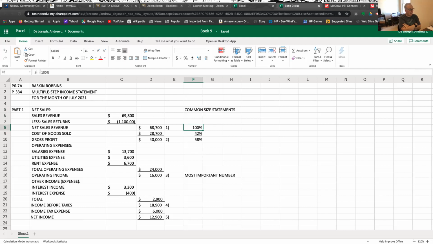How could you compare a huge company to a small one that may be engaged in the same kind of business, right? So how do you take a huge company like an Apple, for example, and compare that to a smaller company that does the same kind of things that Apple does, right? This is one way that you would do that if you were trying to make the comparison.